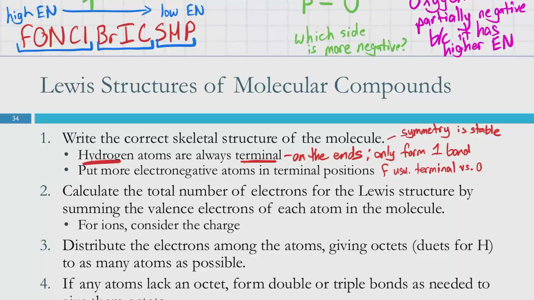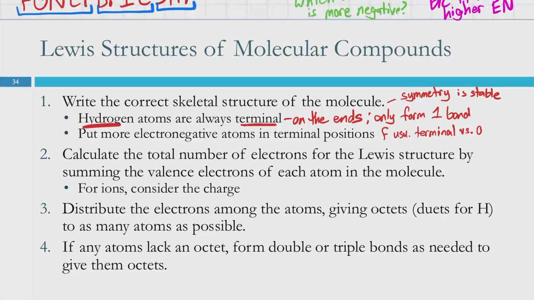Symmetry also tends to be stable. We'll learn other tools for coming up with good Lewis structures. But generally, if you can make it so that the left side and the right side are mirror opposites, and the top and the bottom are mirror opposites, that's symmetry, and that's going to tend to be more stable. So that's our first step, laying out all of the atoms that we're using in our molecular compound.